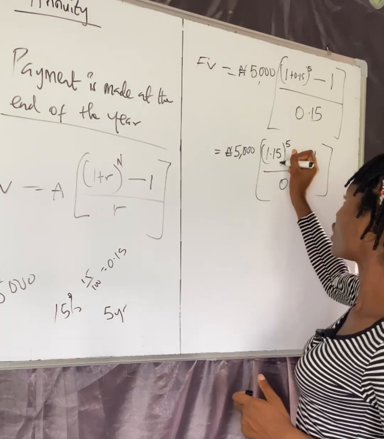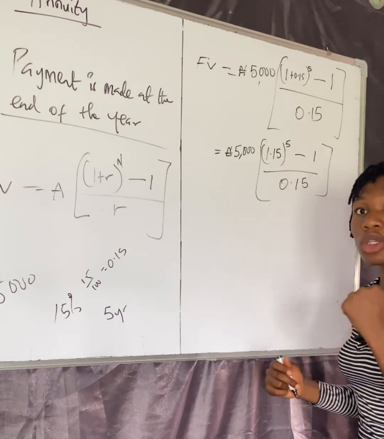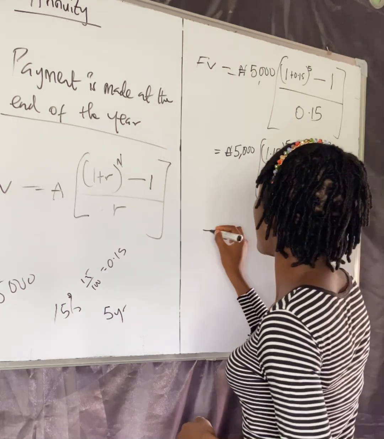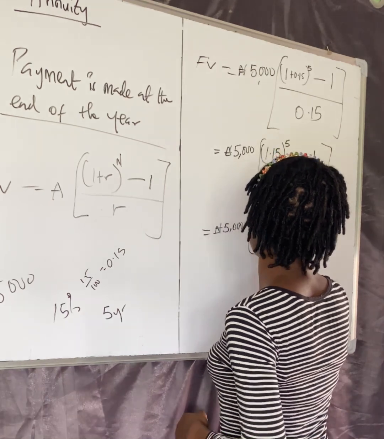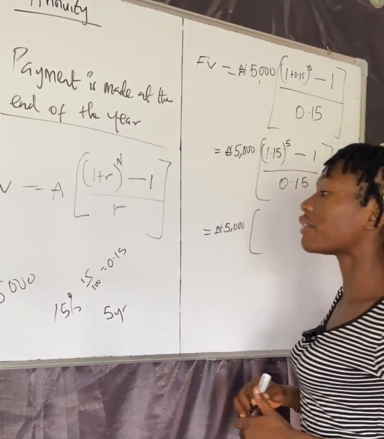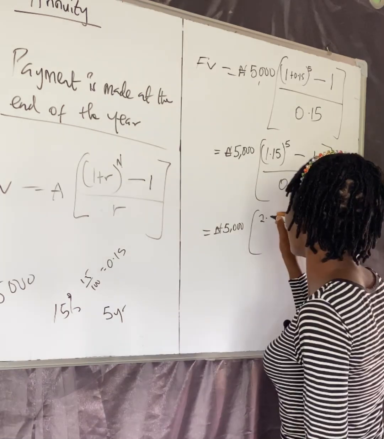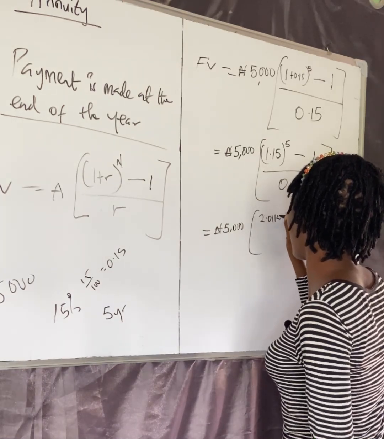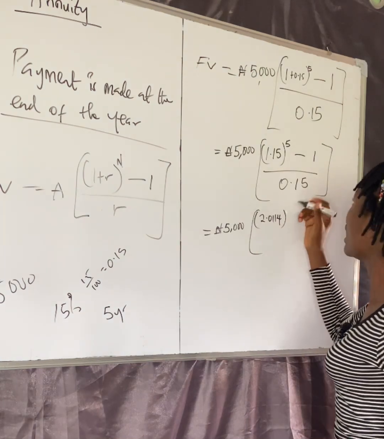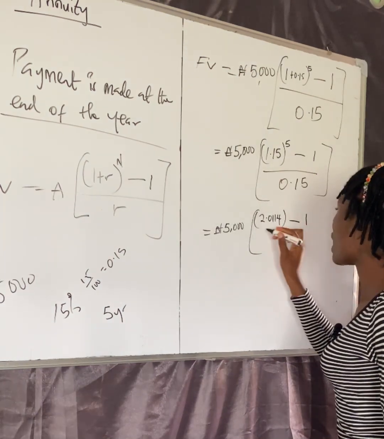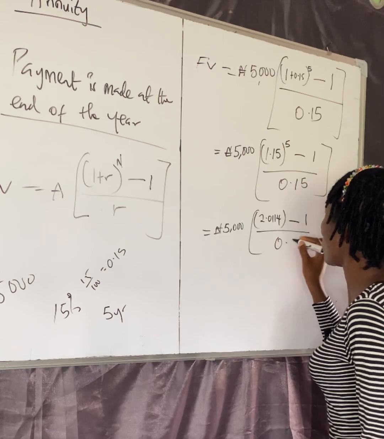Now we have 5,000 naira. 1.15 raised to power 5 will give us 2.0114, approximated to 4 decimal places, and then we have our minus 1, and when we are through, we need to divide by 0.15.